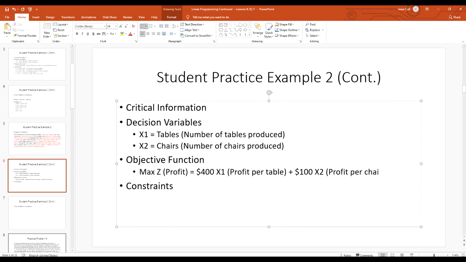I keep spelling chair incorrectly. So here is our objective function. We're trying to maximize Z at 400 x1 plus 100 x2.